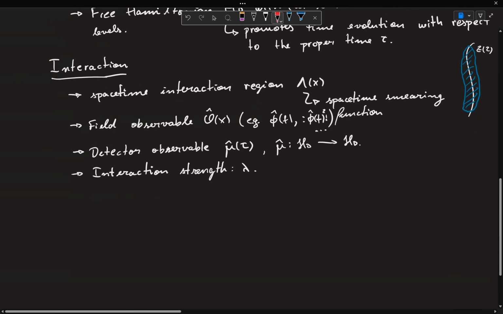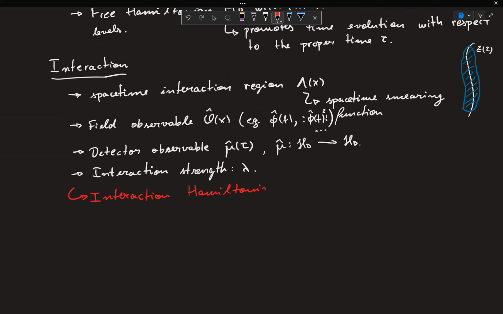Okay. And then if you combine these four things, then you can build your interaction Hamiltonian density. And the idea is that this interaction Hamiltonian density, I'm going to now write it at the level of density because the Hamiltonian is a function of the space-time events in which the coupling happens, right? So it's not an interaction Hamiltonian, it's an interaction Hamiltonian density.